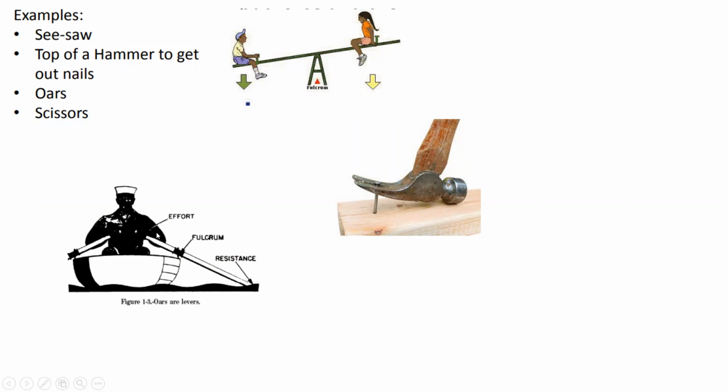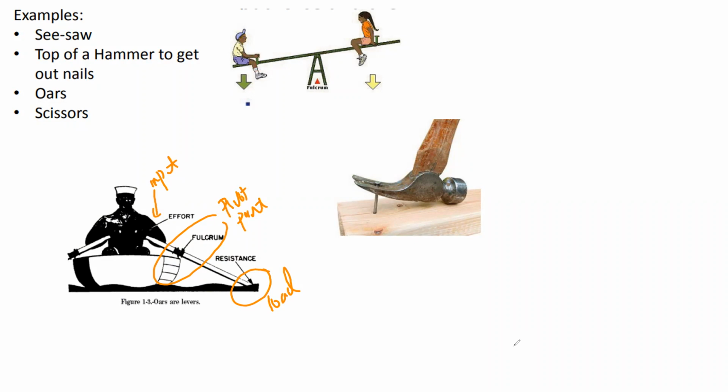Wait. Here is the man. He is applying an effort. This is the input force. This is the fulcrum, and this is the load. Here is the input force that he is applying, and here is the fulcrum or the pivot point. And here is the load or the output. The fulcrum here is between the input and the load.